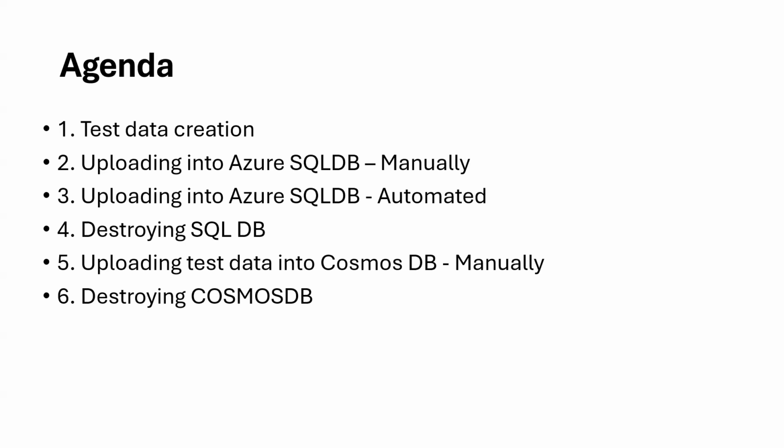I'm going to show this manually first, and then we will go through a script that automates creating the SQL DB instance on Azure, uploads the data into the SQL DB, and creates the schema. Then I'm going to show you a simple command to destroy the SQL DB. And then we'll discuss uploading the test data into Cosmos DB, and a simple command to destroy the Cosmos DB on Azure.